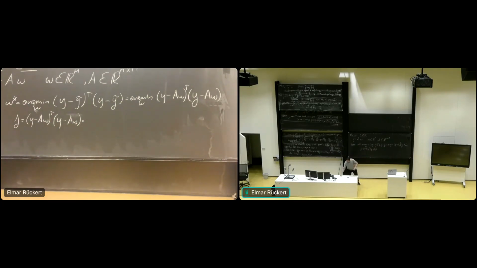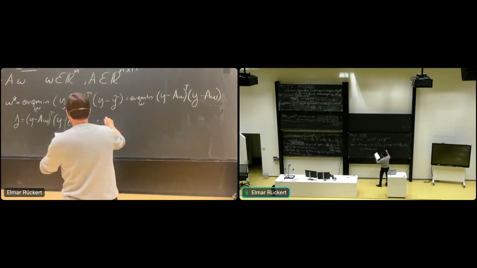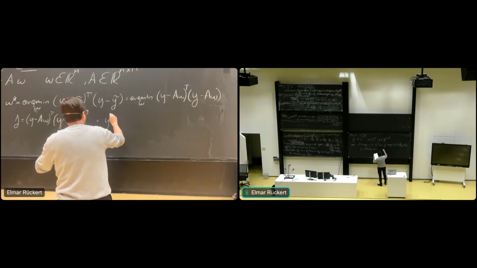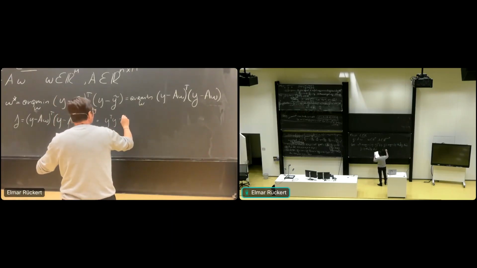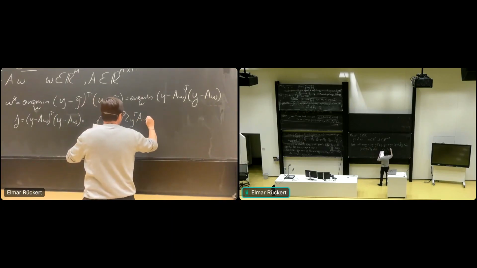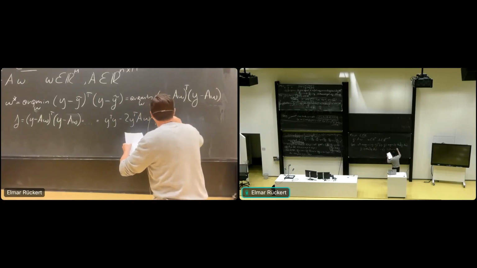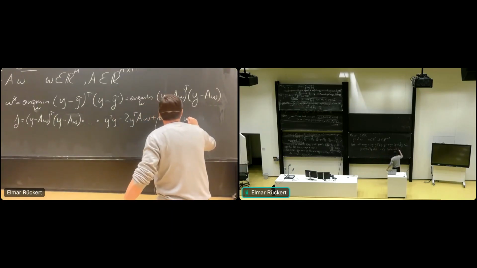I keep it short now. And in the end, the result was y transpose y minus 2 times y transpose A W plus the quadratic term W transpose A W.